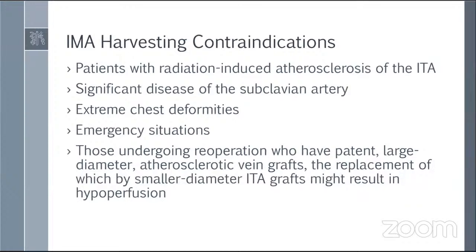Contraindications to harvesting the internal mammary artery: patients who have radiation to the chest, which might induce atherosclerosis; significant disease of the subclavian artery, which could cause steal syndrome; extreme chest deformity; emergency situations, because it takes longer to harvest the internal thoracic artery; and those undergoing reoperation who have patent large vein grafts. This last one I read in one of the references, but I could not understand why it is a contraindication.